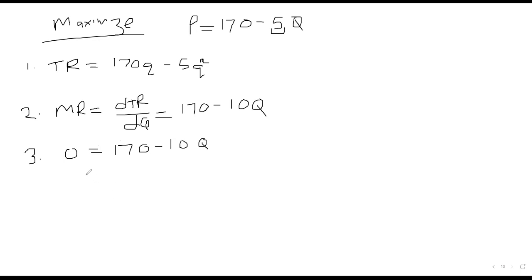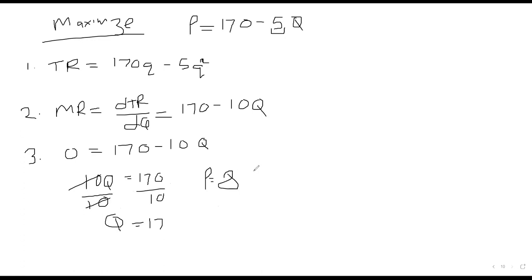For Q. So if 10Q is equal to 170, what becomes our Q? Q becomes 17. So our output that maximizes revenue is what? 17. If they ask you for the price that maximizes revenue, you substitute this quantity in the price function and you find your price as 85. So this is what we call optimization.